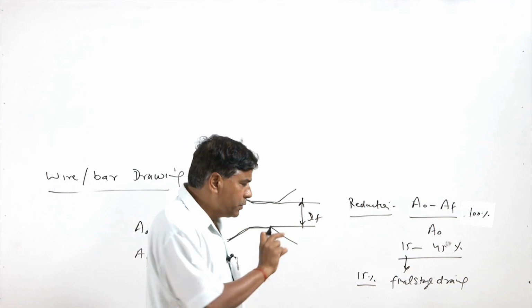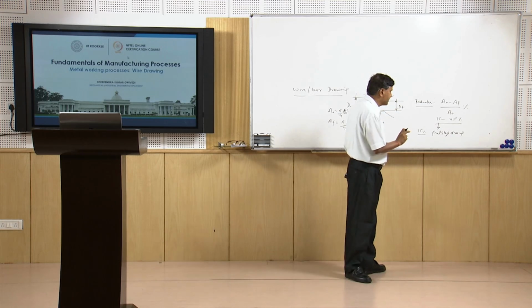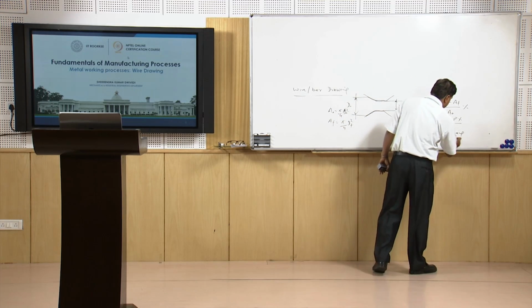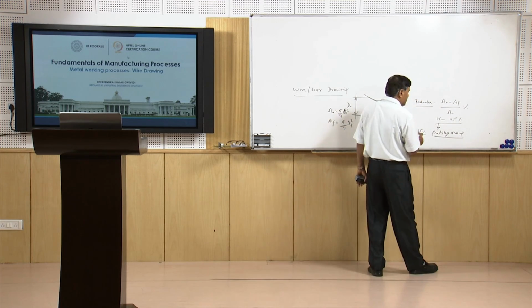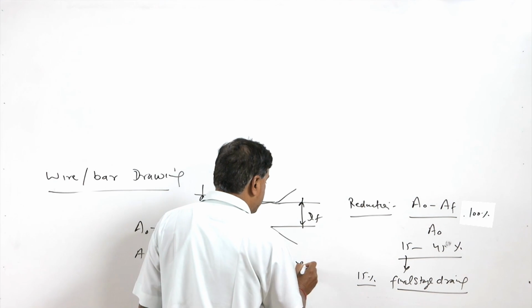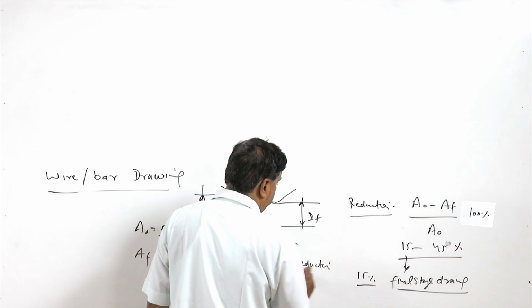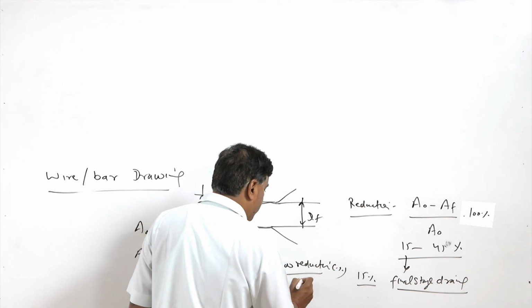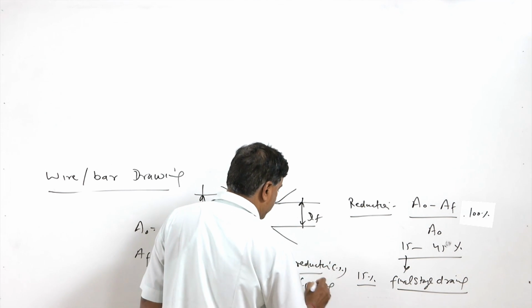It is smooth, so it offers better control over the dimensions, as well as a smoother surface finish. So, basically the low reduction percentages are used for the finishing stage.